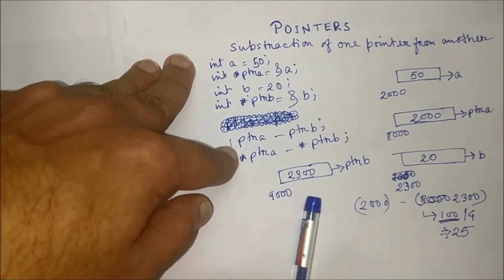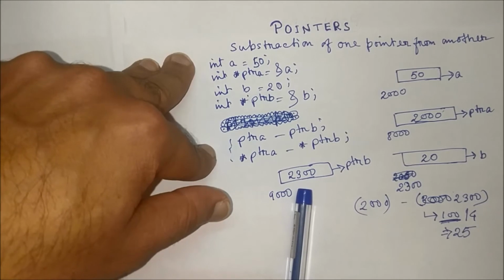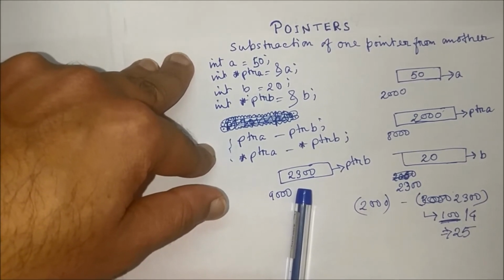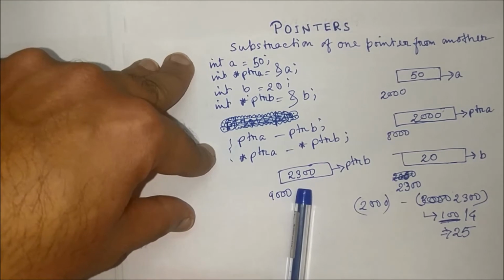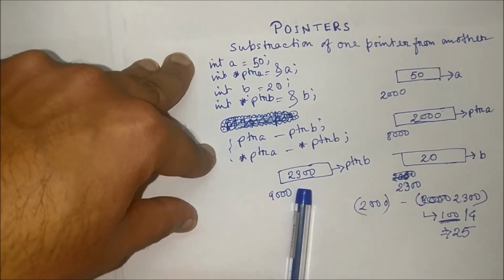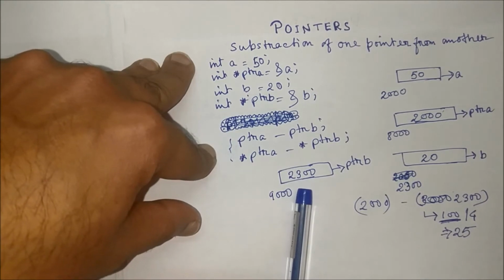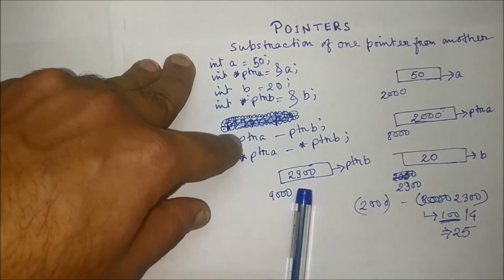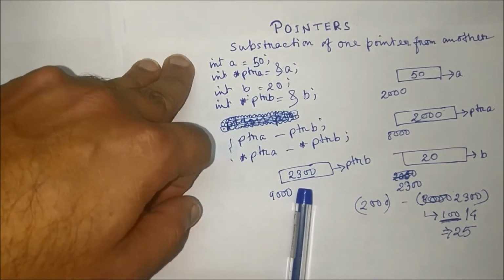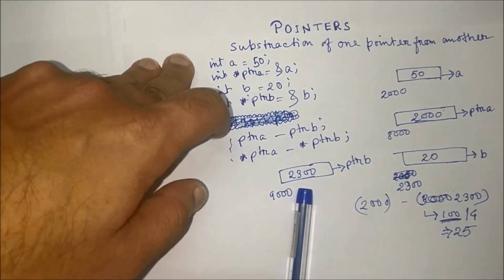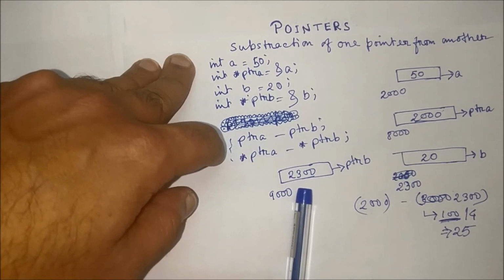Again, whenever you perform subtraction between two pointer variables of similar data type, imagine that it gives you the number of that data type that can be stored between where they are pointing. Between 2000 and 2300, we can accommodate 25 integers, because each integer is 4 bytes.